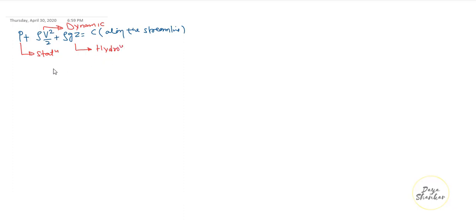We also came across the fact that the sum of static plus dynamic and the hydrostatic is known as the total pressure, and Bernoulli's equation states that the total pressure along the streamline is constant.